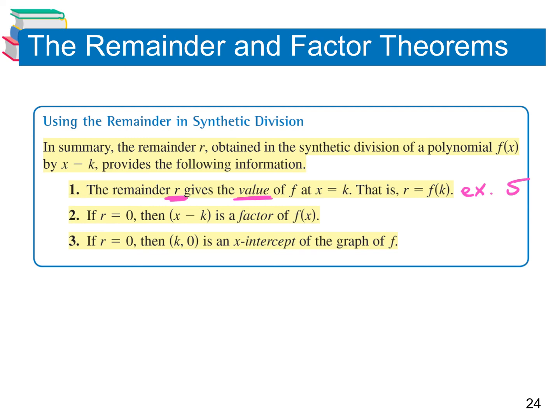If our remainder is 0, then whatever we divided into it is a factor of our polynomial. This is like example 6. And then if something is a factor, we can just take the 0 of that, so solve for x, one of our zeros, and that would be our x-intercept of our graph. So if something's a factor, it's our x-intercept.